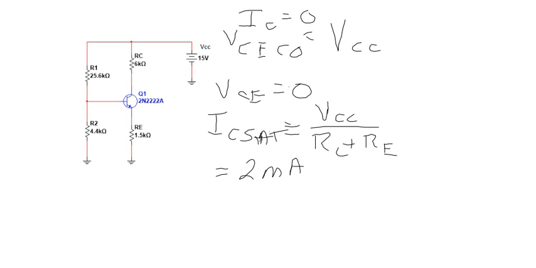So I want a VCE approximately half the supply voltage, which would be 7.5 volts, and I want an IC to be about half the saturation current, or approximately 1 milliamp. Don't have to be exact, but close. So this is my goal: the quiescent point.